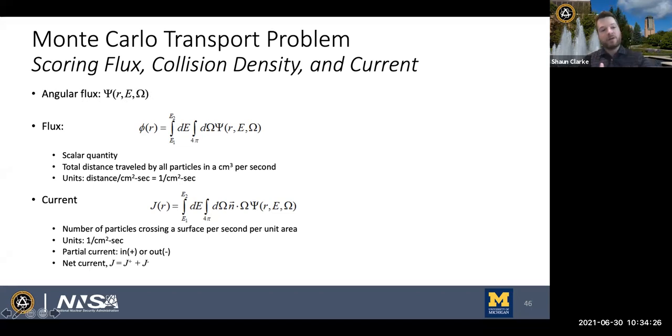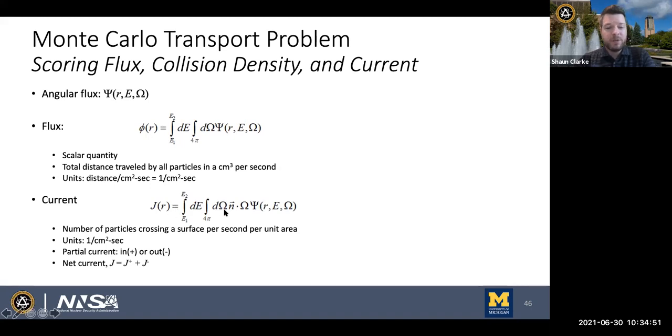And if we knew that all throughout the problem, we would know everything. Typically, when we're doing Monte Carlo estimation, we're scoring some component of that. So when you talk about flux, maybe we're just going to integrate our angular flux over all angles and over energy, for example. And that would give the scalar quantity flux as a function of position.